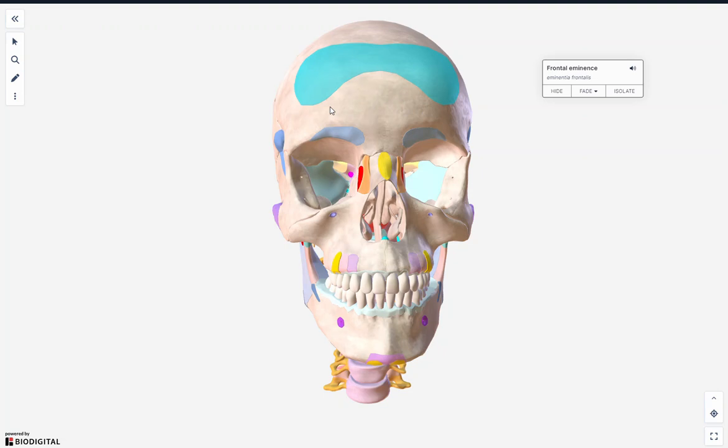Now, a little bit before you hit your eyebrows, you'll feel a little bit of a groove, a little indentation there anteriorly on your skull. That's the supraorbital groove. And then when you hit your eyebrows, we have the bony part of our orbit, just superior to where the orbit sits, called the superciliary ridge or superciliary arch.